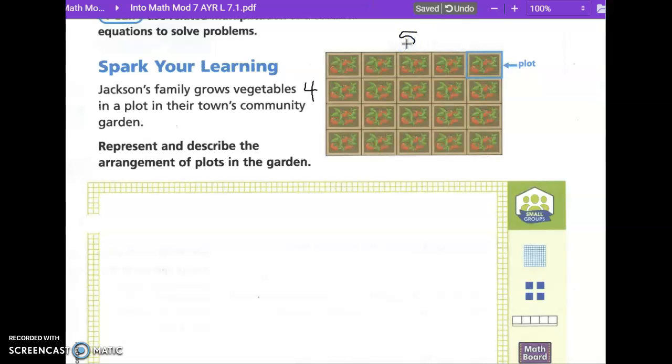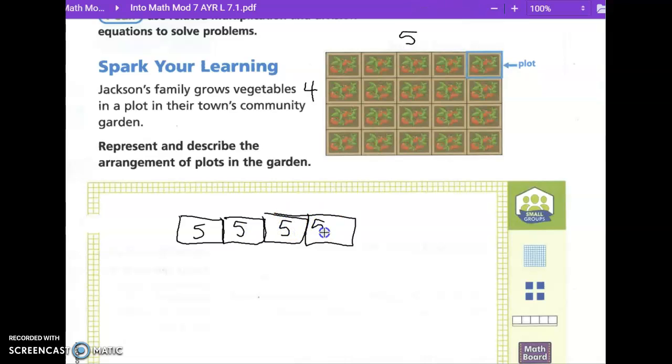So we have a 4 by 5 array. So our rows are divided into groups of 5. So we have 4 groups of 5. So we're going to kind of draw a bar model here. We're going to have 4 groups, and we're going to put 5 in each of our groups. Okay? So there's our represent.